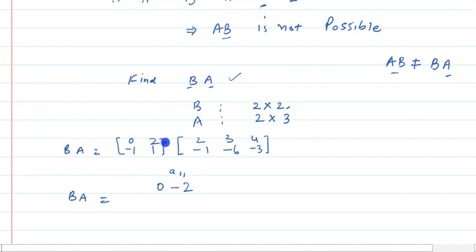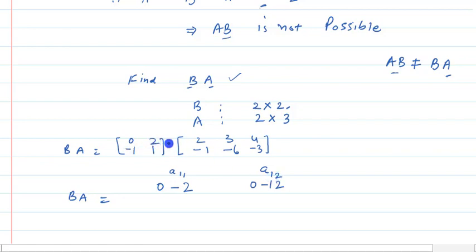Now we'll remain fixed with the row 1 elements and multiply them with the column 2 elements in the same manner. 0 multiplied by 3, we get 0, and 2 multiplied by minus 6, we get minus 12. So when we multiply row 1 elements with column 2 elements, we get element A12 of the resultant matrix.